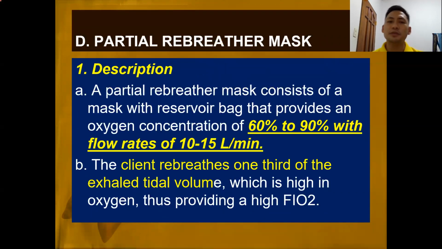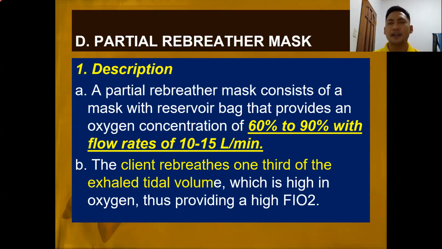So let's now proceed with the partial rebreather mask. A partial rebreather mask consists of a mask with a reservoir bag that provides an oxygen concentration of 60 to 90% with flow rates of 10 to 15 liters per minute. Actually, the partial rebreather mask and the non-rebreather mask have the same regulation.